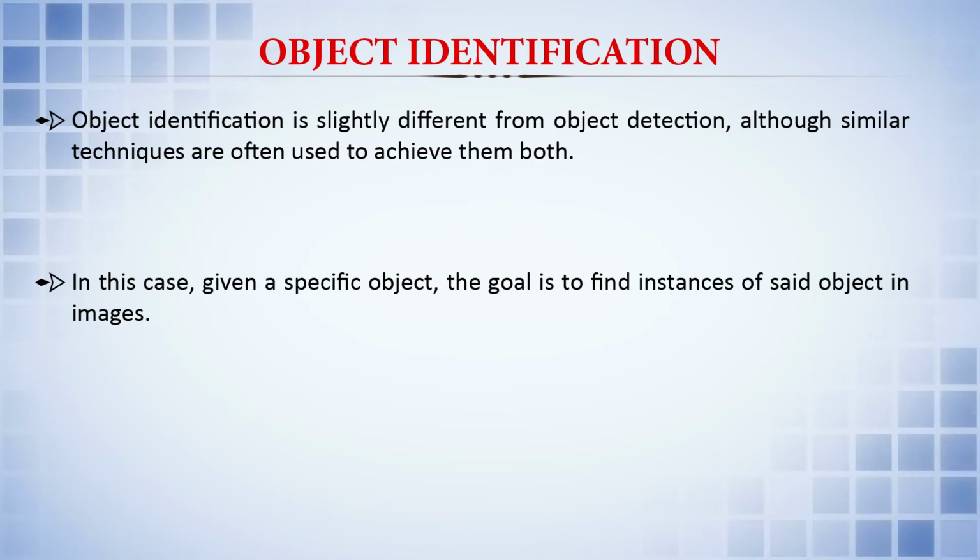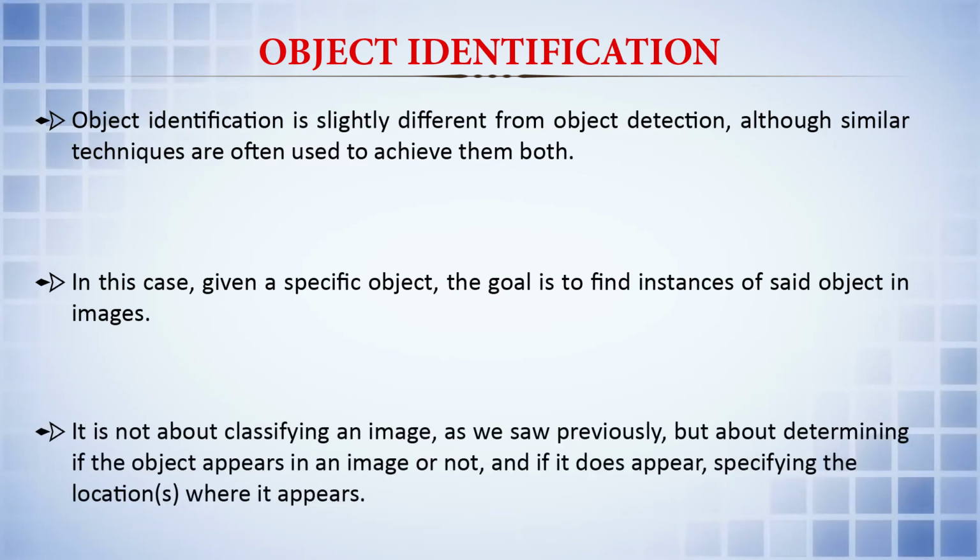So in object identification, we have to specify one particular category, say a car only, so that those particular instances can be counted. So here the basic goal is not to go for each and every kind of object detection. However, here we are trying to identify how many instances there are of a specific object.